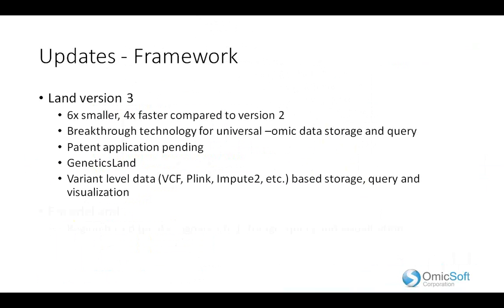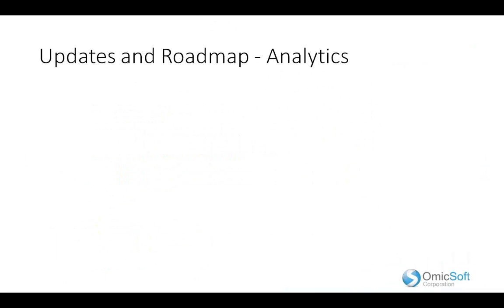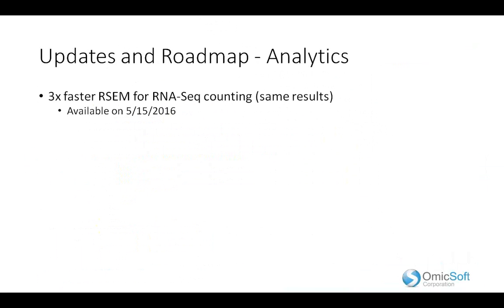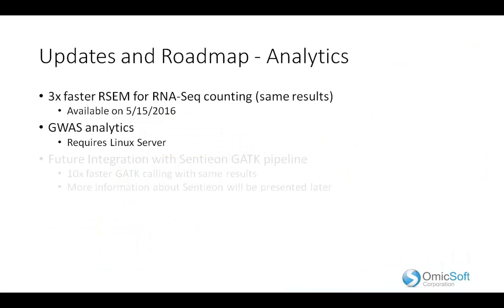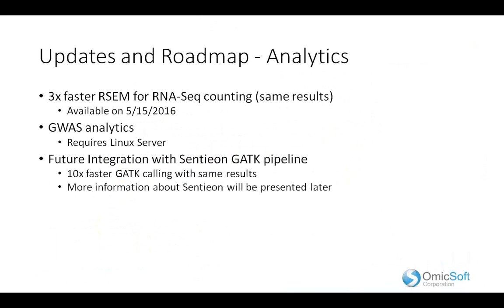We have some somewhat minor improvements, but still significant. For example, the RCM for Unlisted counting is going to be exactly the same as before, but 3 times faster. We have GWAS analytics, which will be demonstrated today live as part of the GeneticsLand offer.